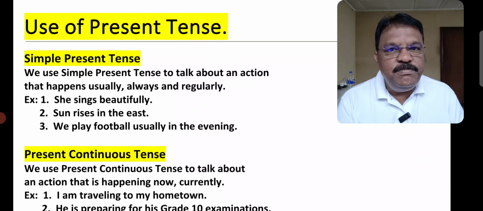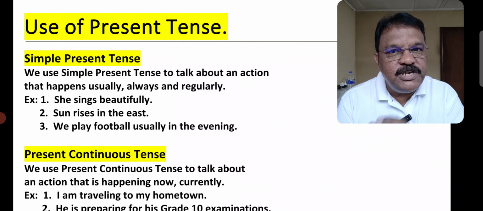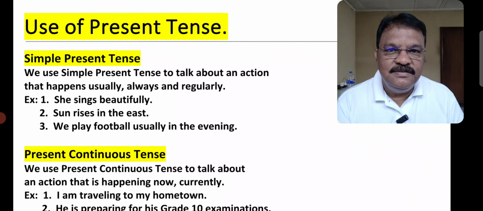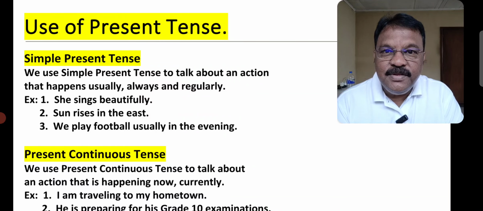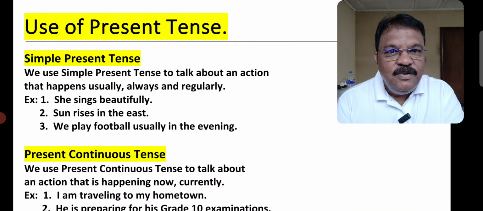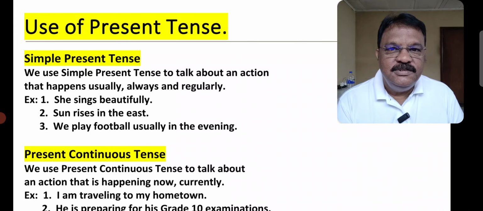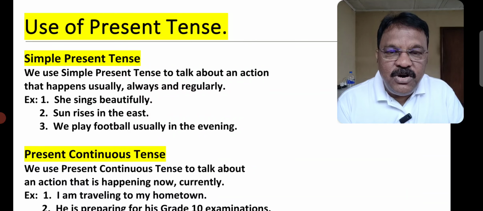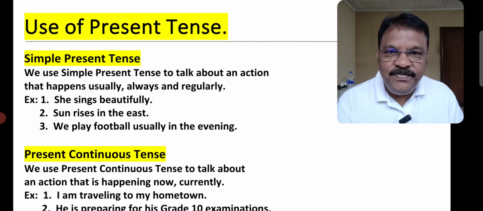We play football usually in the evening. Once again, we have used the simple present tense verb here, play. So when we use the simple present tense verb, remember once again, we mean to say we usually play football in the evening, not in the morning. Whenever we play football, we play in the evening. Got it?